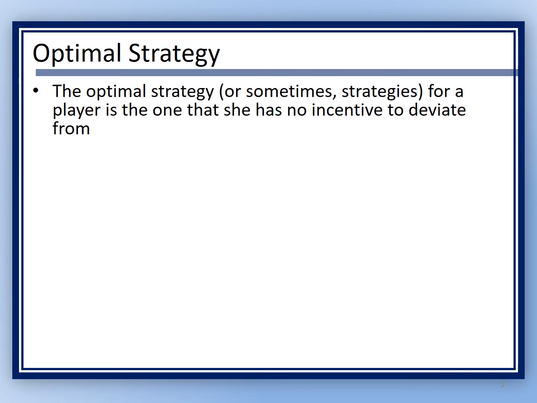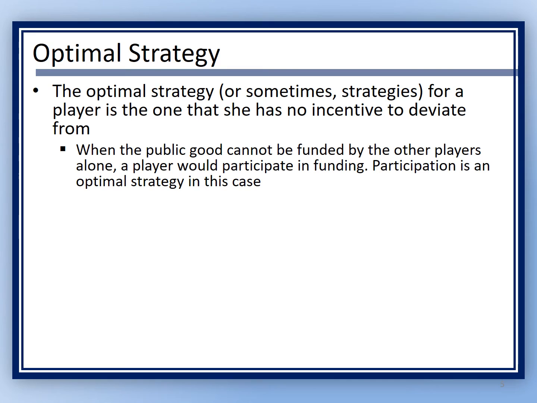The way that we think about the strategy might not be completely intuitive at the beginning. So a strategy is optimal if the player has no incentive to deviate from that strategy. In other words, there is nothing better that she would choose. So when the public good can be funded by the other 2 players, you don't want to participate because that doesn't actually make you better off.